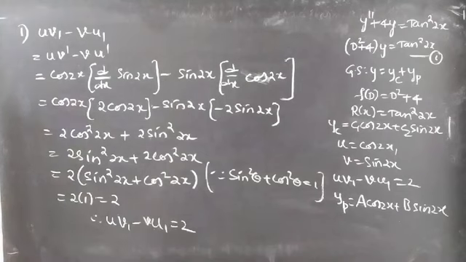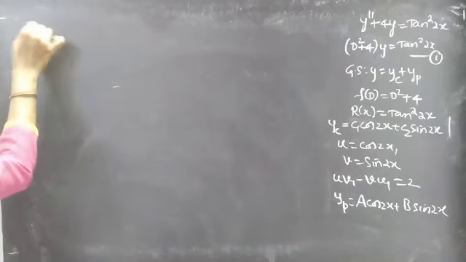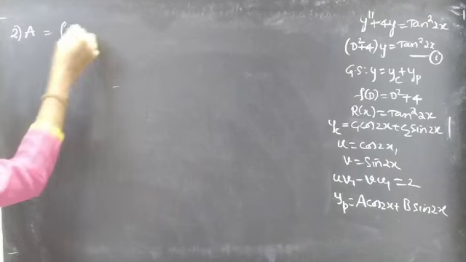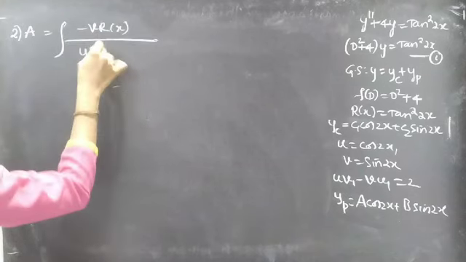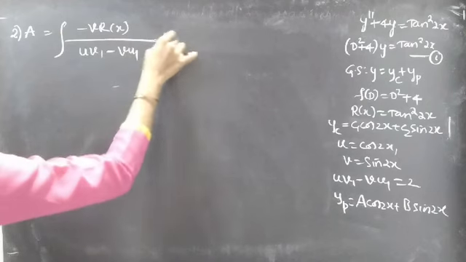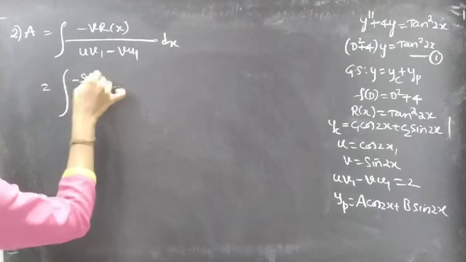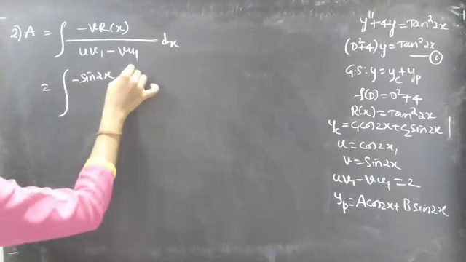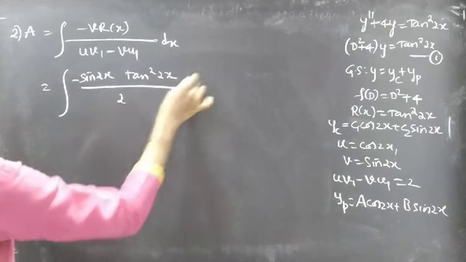Let's now find a and b. We'll get a using integral minus v into r of x by uv1 minus vu1 into dx. This is equals to v is sine 2x into r of x, tan square 2x by 2, into dx.